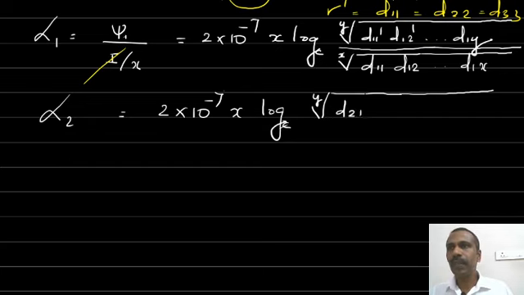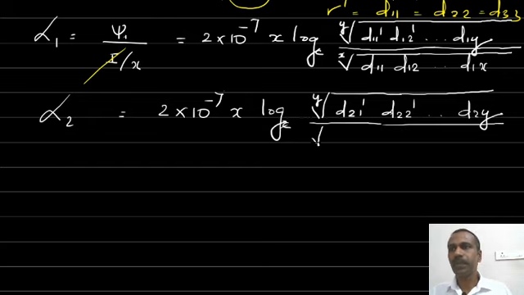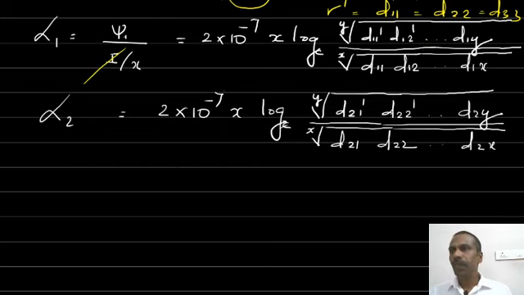So it is d21 dash, d22 dash, etc. up to d2y, divided by the xth root of d21, d22, etc. up to d2x. Now if you look at the inductances, these strands have different inductances.